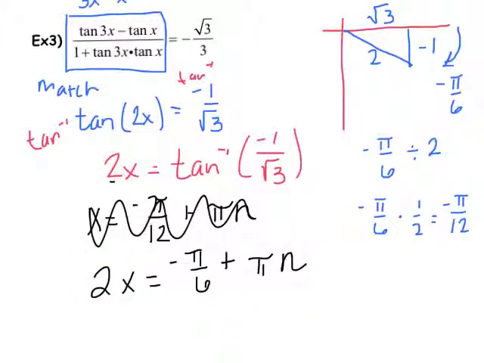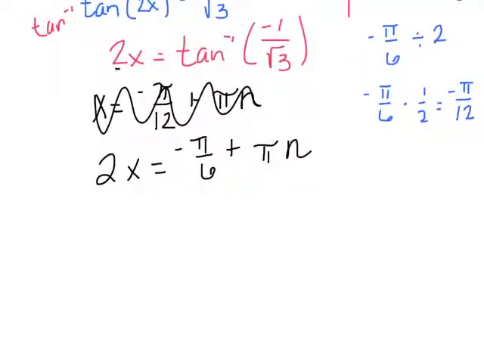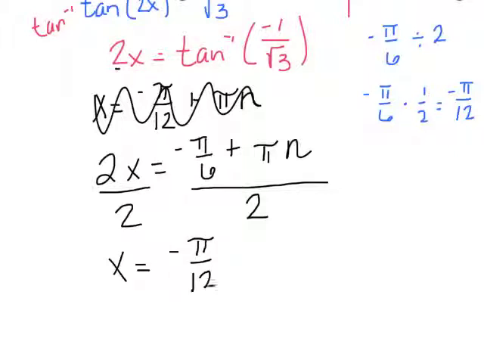Now, when you divide by 2, this is where I'm wrong. When you divide both sides by 2, this entire side divides by 2. So it's not only the negative pi over 6 that gets divided by 2, but also the pi that gets divided by 2. Now don't totally freak out because the rest of the notes that I've done are correct.